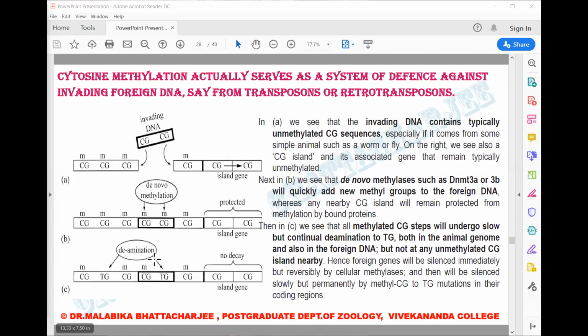As a result, T gets inserted in this foreign DNA, and the foreign genes will in the course of time be silenced, and mutations will be inserted in them permanently when the methyl cytosine gets converted to thymine. So this is how, whenever a foreign DNA gets inserted, in most cases the foreign DNA gets silenced. Now we move on to the next slide.